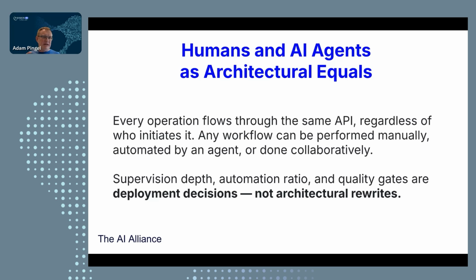It always seemed like the AI was often bolted on in previous generations, or else the humans in the loop were bolted on. So this was an opportunity to step back and say, what if they were, from an architectural perspective, equivalent? If they had the same API surface area with which to interact with the system.